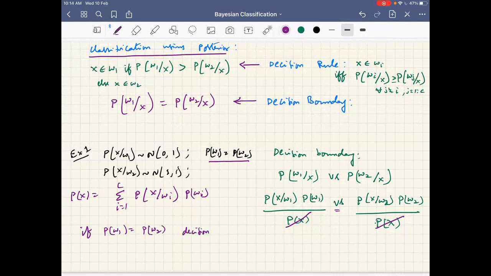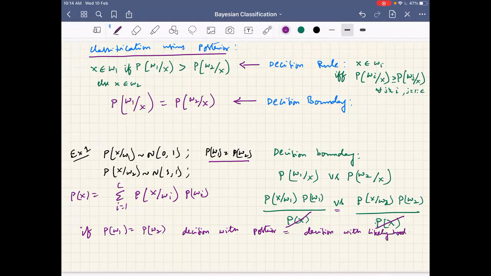Both the decision boundaries and rules are the same. Yeah, decision with posterior is exactly equal to decision with likelihood. Because what is this saying? p of omega 1 equals p of omega 2.